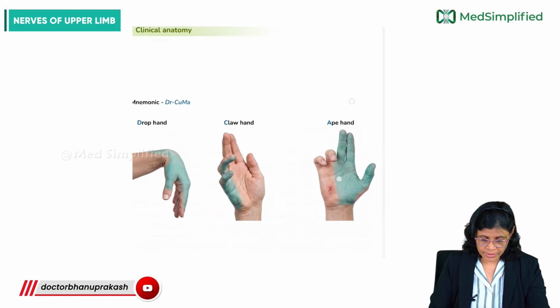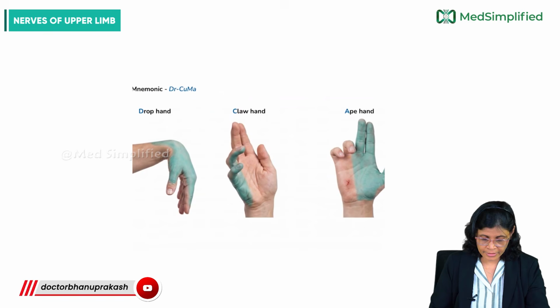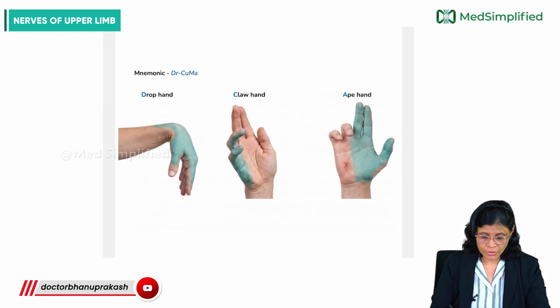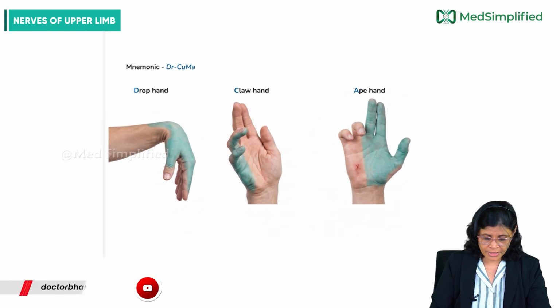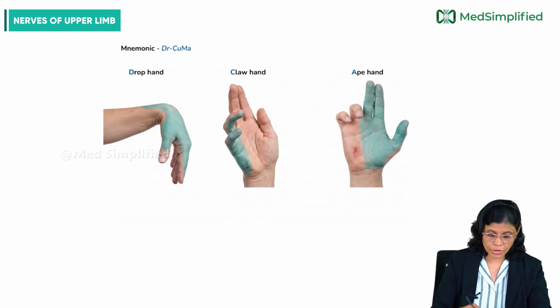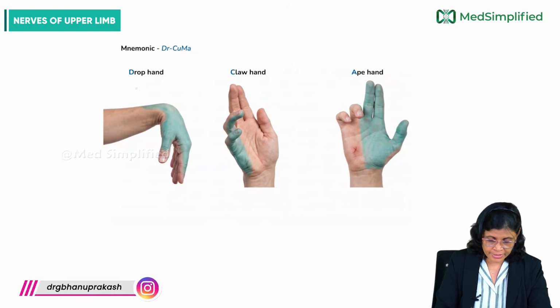So just to summarize, we see in the hand because of the three nerves, a mnemonic. D is for drop hand, that is the wrist drop. Wrist drop, radial nerve.